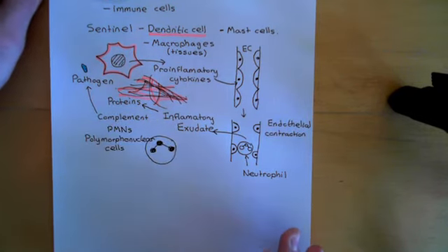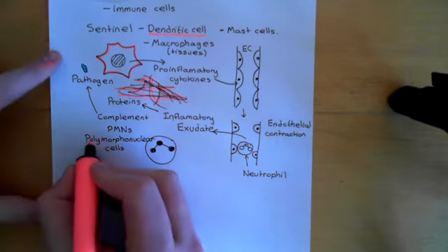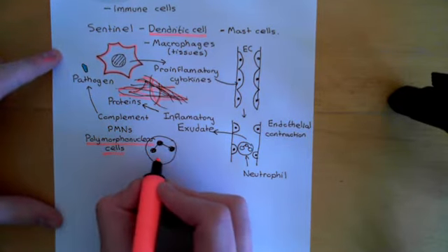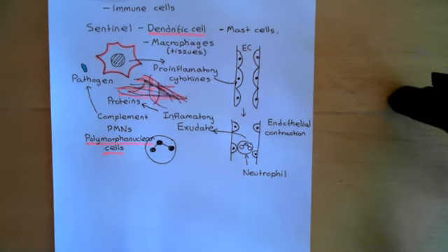Poly means many, morpho means shape, nuclear means nucleus, so many-shaped nucleus. I want to stress this is not multiple nuclei, it's one nucleus just in a bizarre shape.